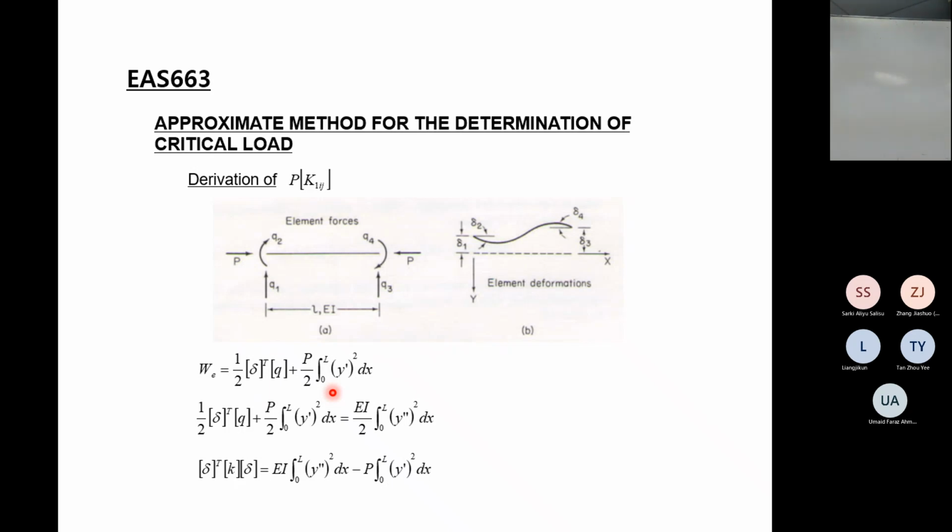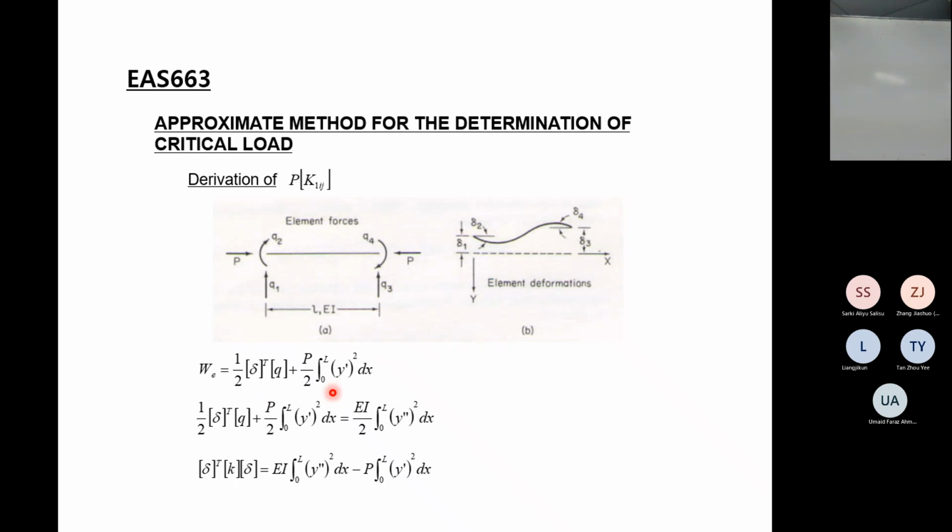Now, we equate this to strain energy, because the member bends. So there will be a bending strain energy stored in the member, and it is equal to EI over 2 integration, because EI is constant here. This one you are familiar with.